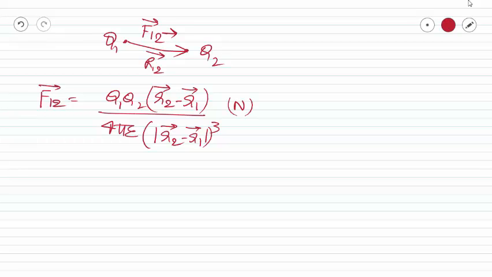Similarly, F21 bar is exactly minus of F12 bar. So this is for 2 point charges.